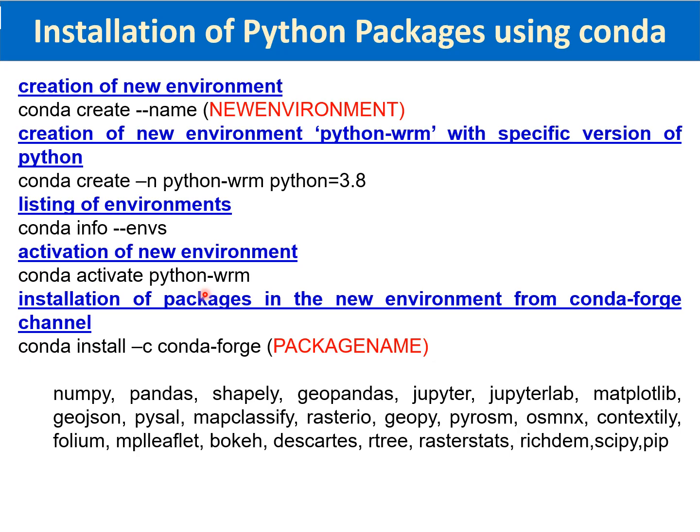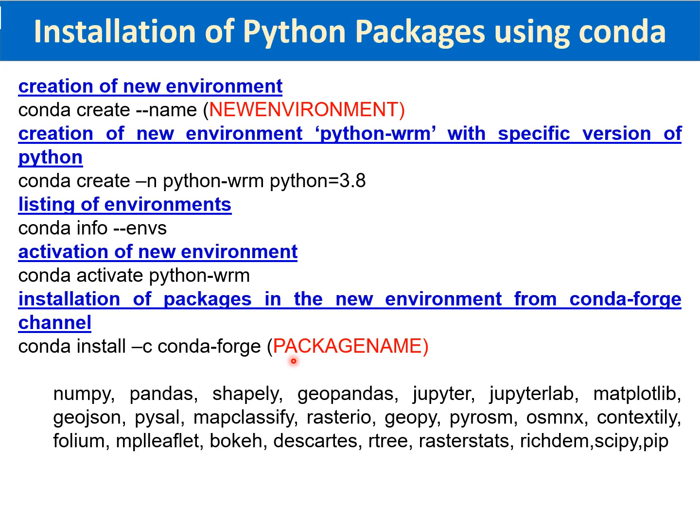Once you have created a new environment with a specific version of Python and activated that environment, you can start installing various Python packages in that new environment from the conda-forge channel using this command: conda space install space dash c, which is the short form for channel, space conda dash forge, which is the name of the community channel from where we will be installing various packages.